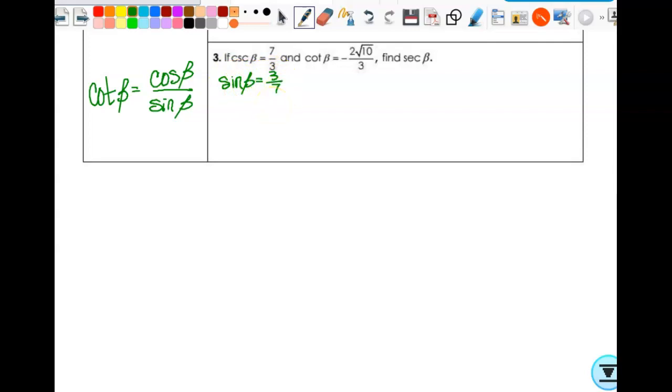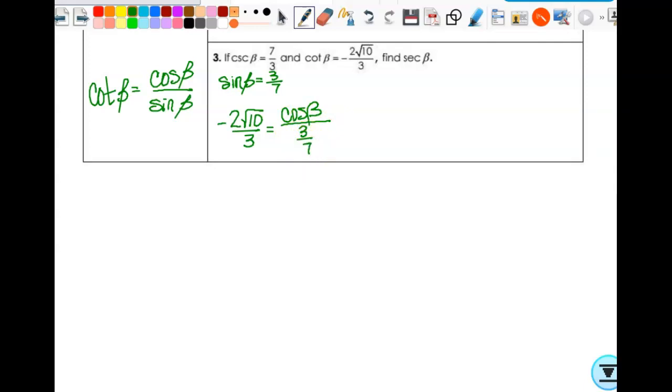Right? So then now I have the cotangent and I have the sine, and I can find the cosine. You just have to know how to manipulate them. So cotangent is negative 2 square root of 10 over 3. That's going to be equal to the cosine, which I don't know, over the sine, which is 3/7. Okay.